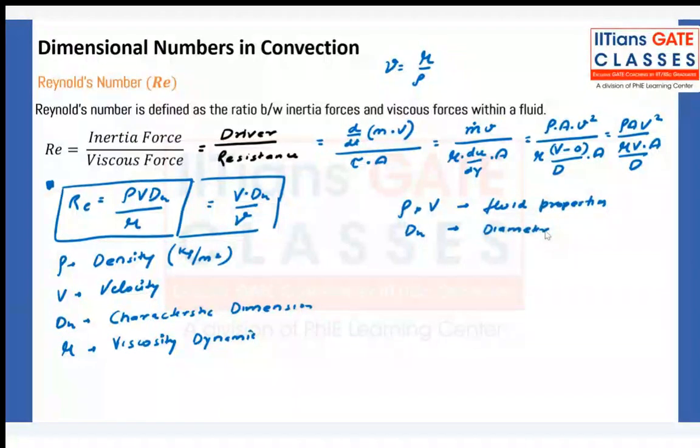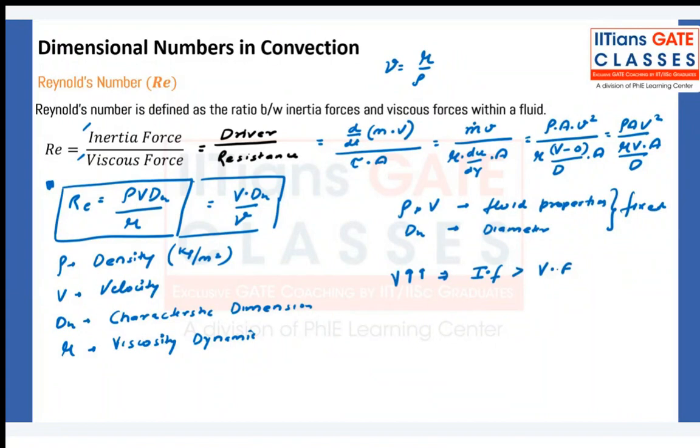So these parameters are fixed. You cannot do anything about it. The only variable that we have is velocity. So velocity is going to impact the inertia and viscous forces. For high velocities, that means inertia forces will be greater than viscous forces.